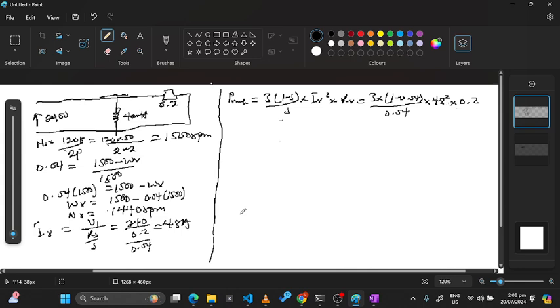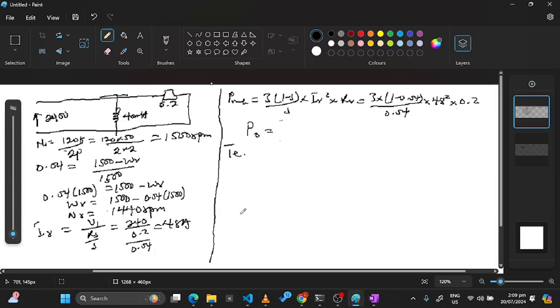So then the total mechanical power, P_O or P_mech, whatever you call it, should be, okay, we are still punching.